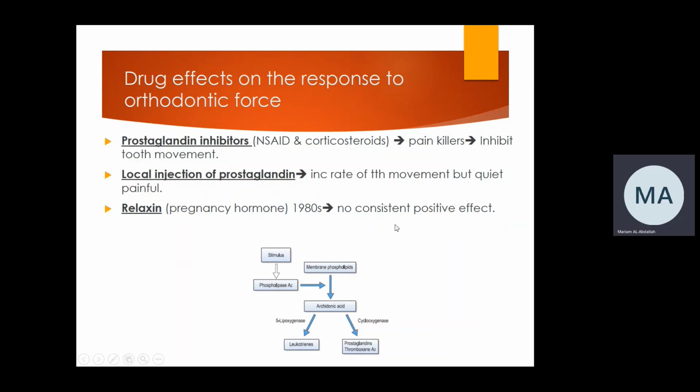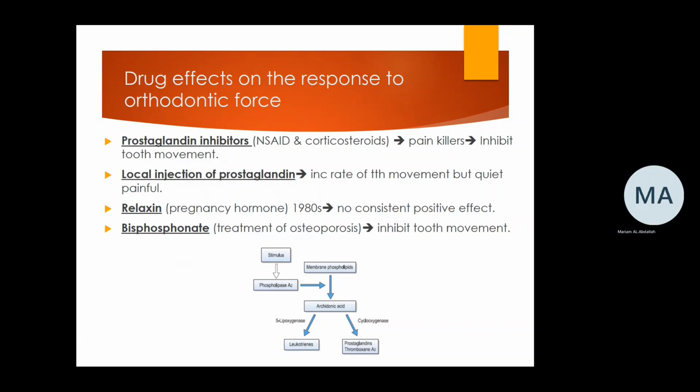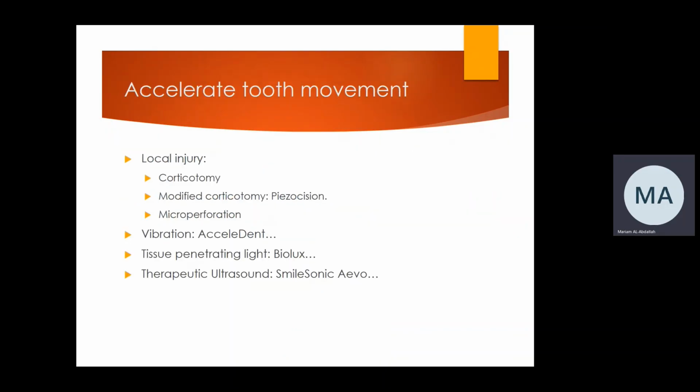But the positive effect of it, according to the studies, was not consistent. So we don't use this. Bisphosphonate is a drug given to patients with osteoporosis, and it inhibits tooth movement because it inhibits bone turnover. So for patients with osteoporosis, it's important to take a proper medical history and record the medications for such cases.